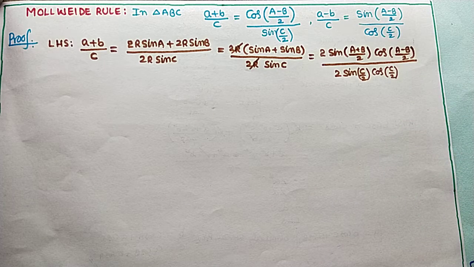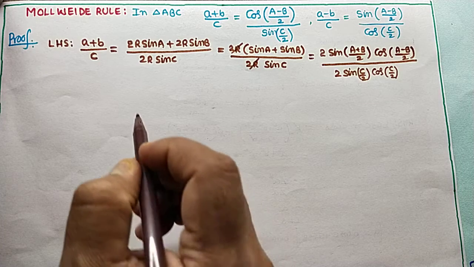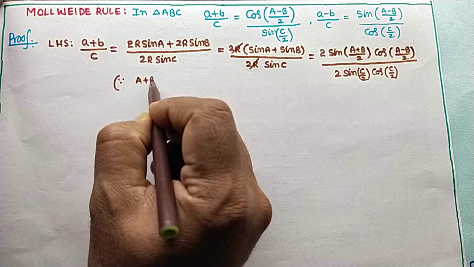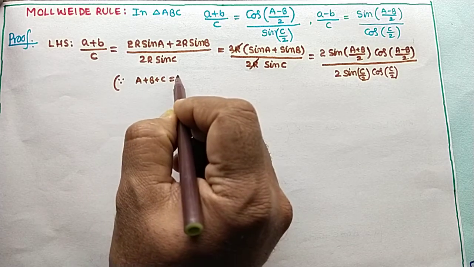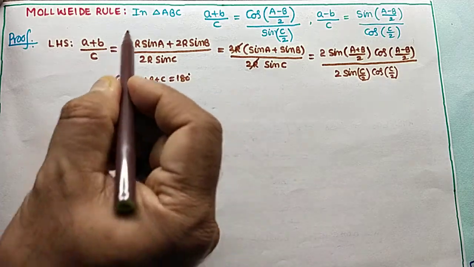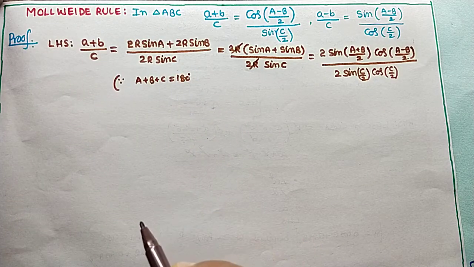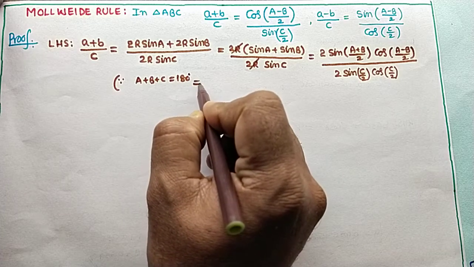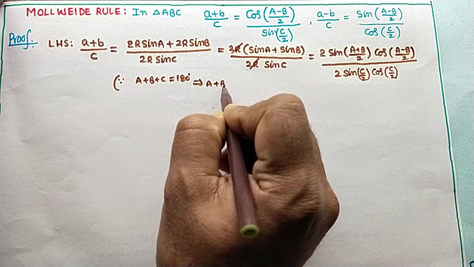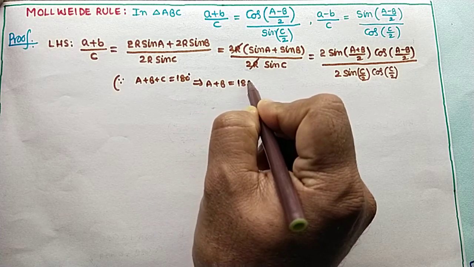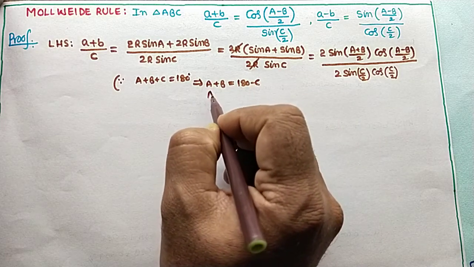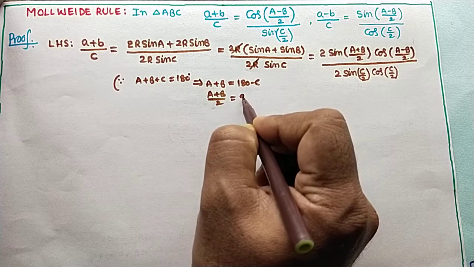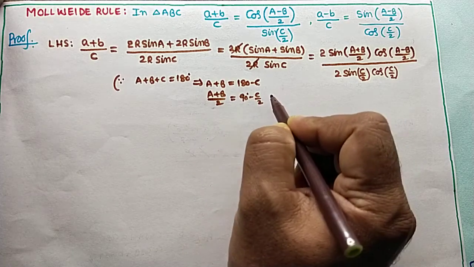Since A plus B plus C is equal to 180 in triangle ABC, A plus B equals 180 minus C. So (A plus B) by 2 equals 90 minus C by 2.